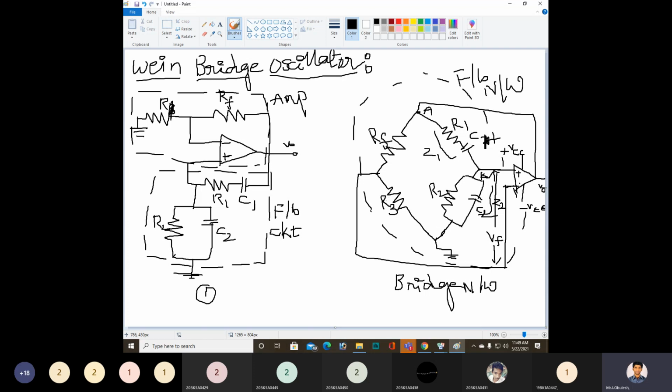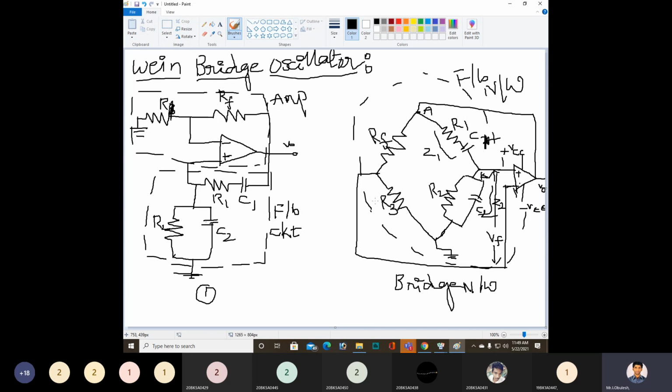The condition of zero phase shift around the circuit is achieved by balancing the bridge, which means that if the bridge is in a balanced state, then you will get zero phase shift.